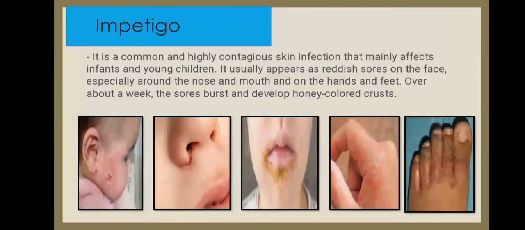Over about a week, the sores burst and develop a honey-colored crust. Remember the highest risk factors for impetigo: diabetes, undergoing dialysis, and sunburn.